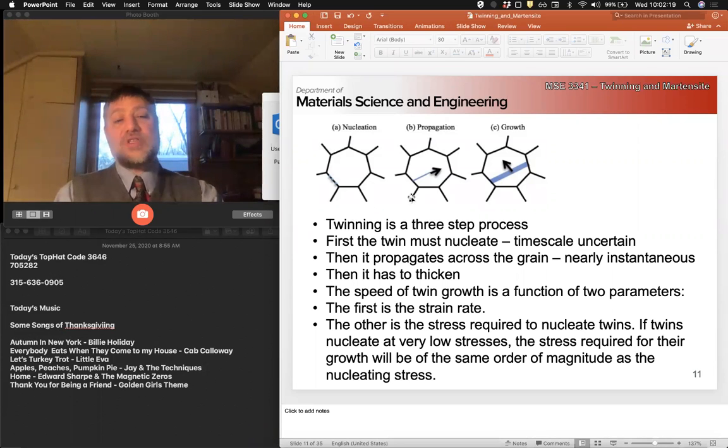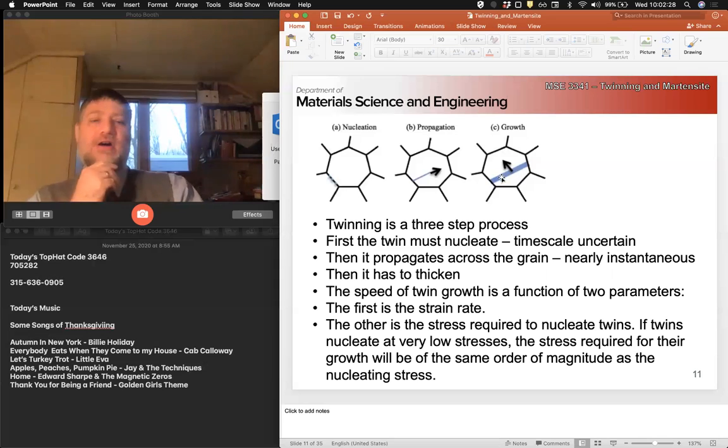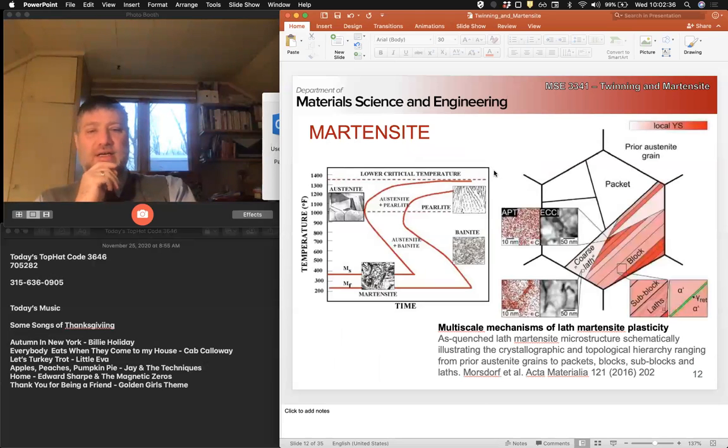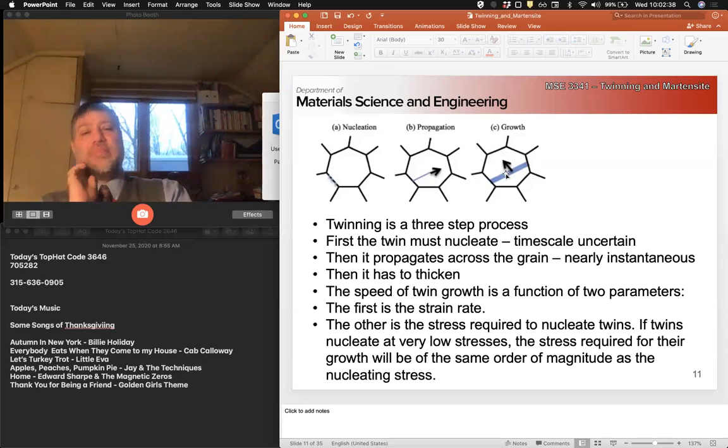And then once the twin is there, it grows. The actual mechanisms for growth are interesting because it's dislocation mediated.